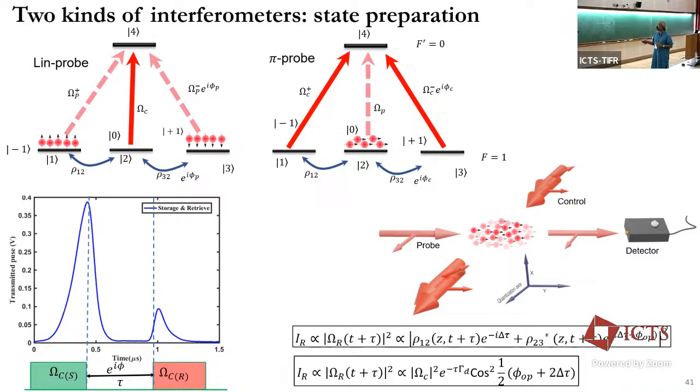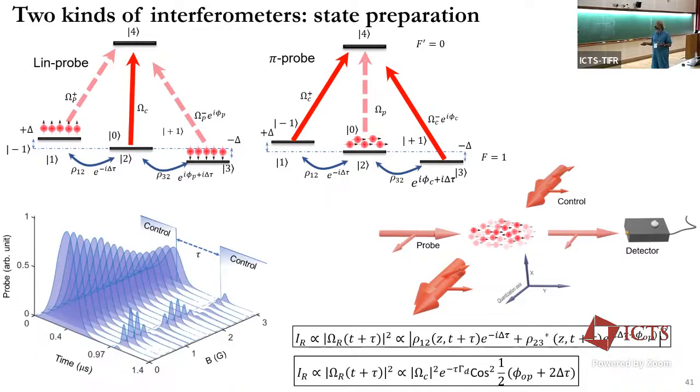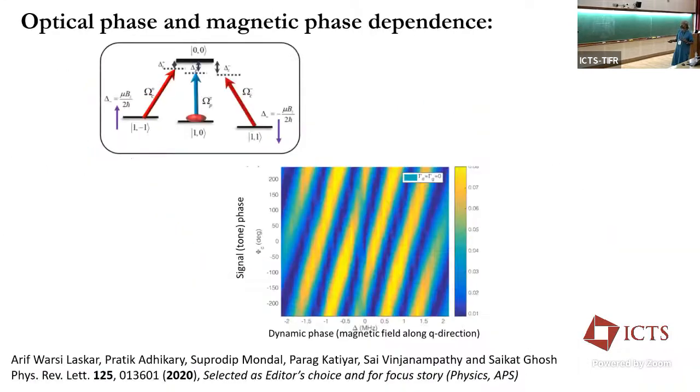You can have the opposite configuration also, where you spin polarize the sample in these two states and have a strong control field here, and you can still see oscillations. This is what I had in the earlier figure, and it's what I meant by the quantum memory magnetometer. This is storing, this is retrieving, and you see this oscillation.